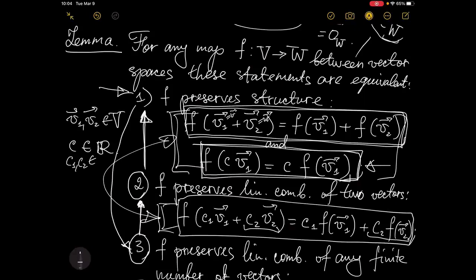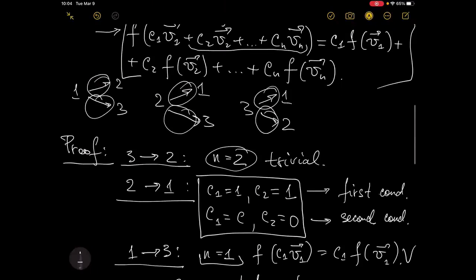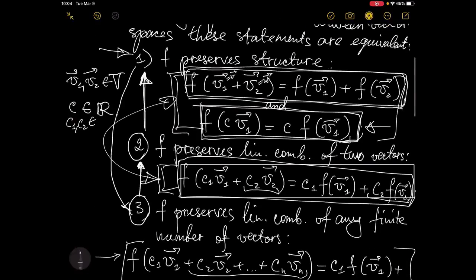So let me suppose that 2 is true. Now I need to show that then 1 will be true. This is exactly what I did here when I said that the two statements in 1 are special cases of statements in 2, right? Clear?